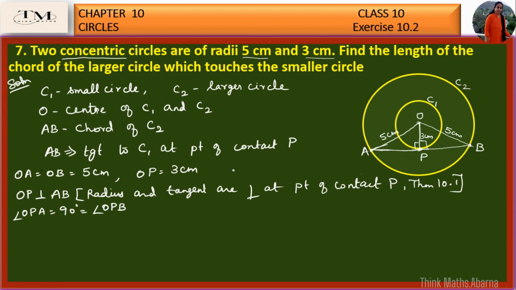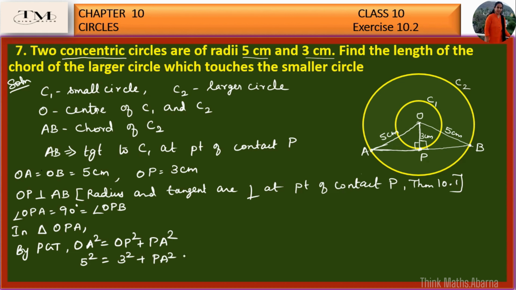Now I am going to find the value of AP from this right angle triangle. In triangle OPA, this is 90 degrees, so the hypotenuse is OA. By Pythagoras theorem, OA square equals OP square plus PA square. OA is 5 square, OP is 3 square, plus PA square.